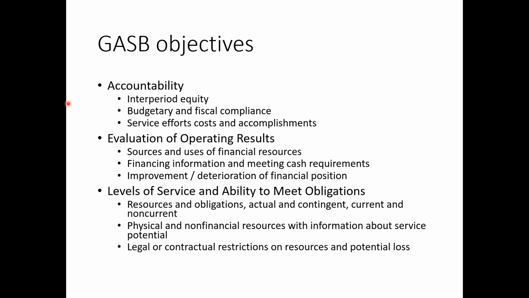You cannot spend money then leave the cost to future taxpayers 10 or 20 years later. No, we cannot do that. That is interperiod equity. Next is budgetary and fiscal compliance: all the money spent has to be used in accordance with the entity's legally adopted budget, and it also has to demonstrate compliance with all legal or contractual requirements.